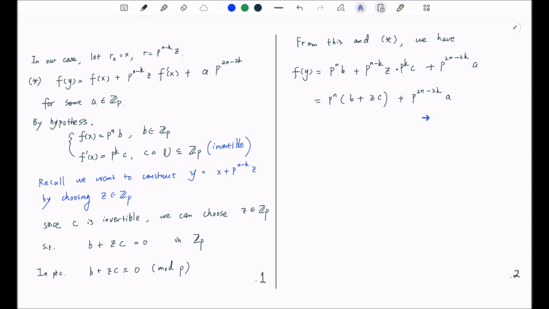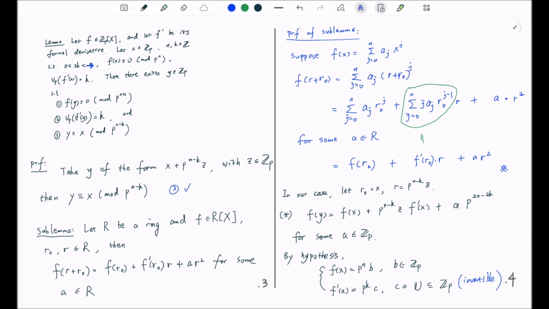Now we claim that this will be congruent to 0 modulo p^(n+1) as desired. Why is that? First of all, because b plus zc is congruent to 0 modulo p, this part is divisible by p. And together with this part, the whole term is divisible by p^(n+1). And now for the second term, we're going to use our assumption.